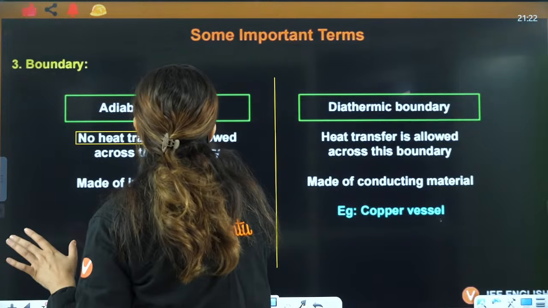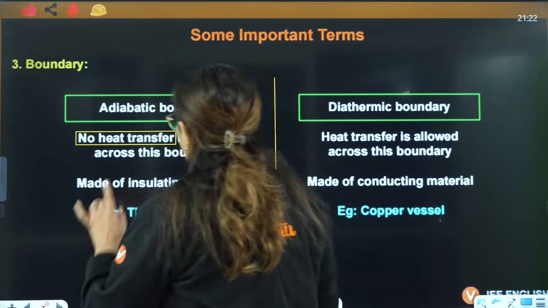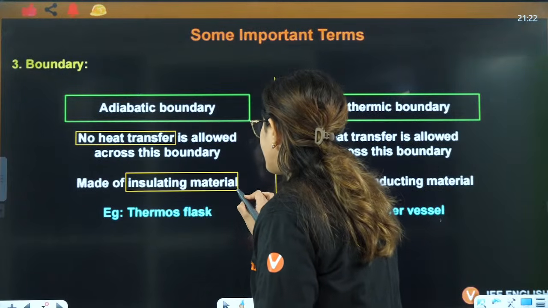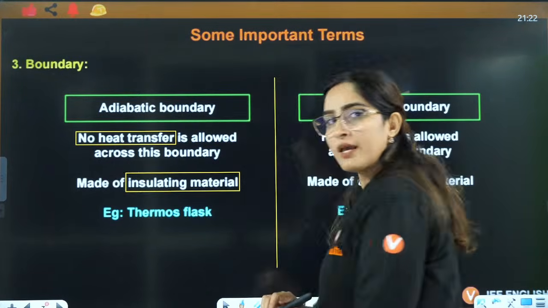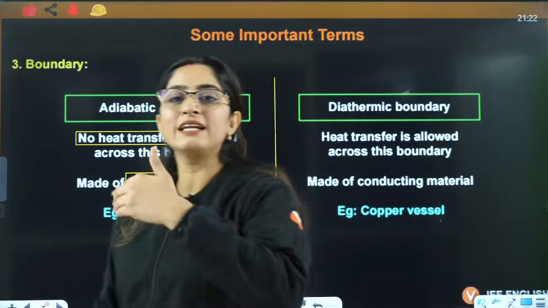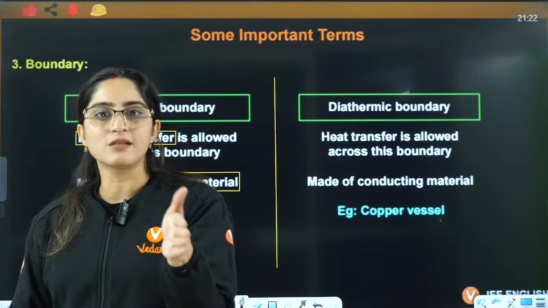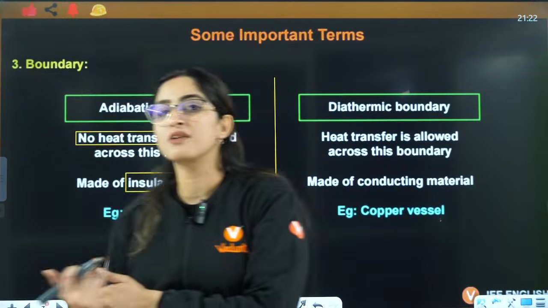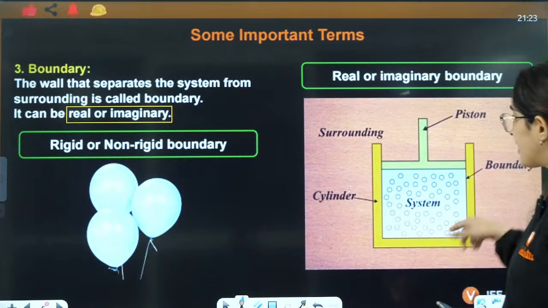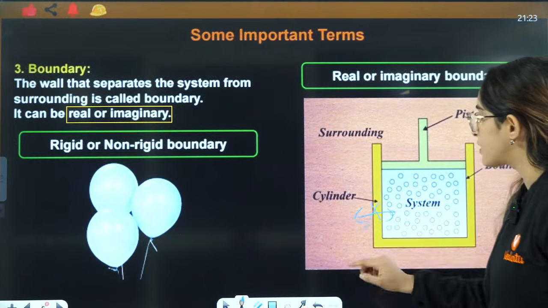It is made up of insulating material. Insulating means it does not let heat transfer from the system to the surrounding. Heat transfer is zero. If I say this boundary is adiabatic, that means no heat exchange will be there.